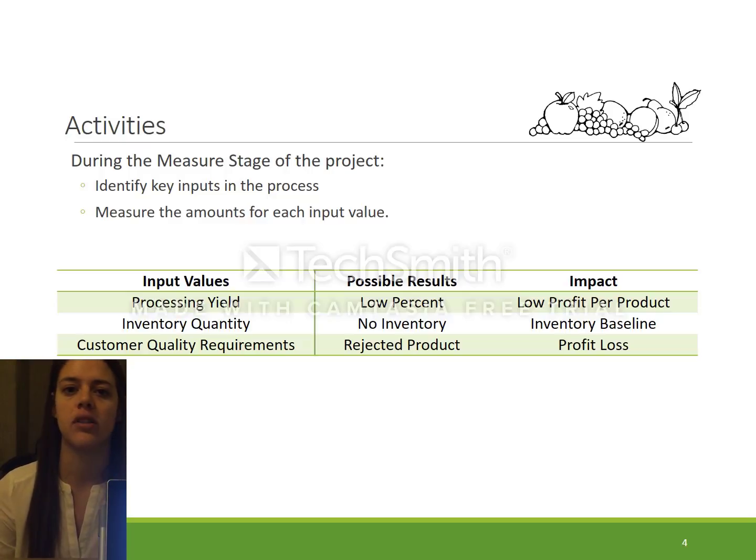How we do this in the processing plant is we receive the raw material, we process it, and then we sell a final product. The yield would be the weight of our initial raw product compared to the final product that we're selling. This will definitely have an impact on each product specifically, depending on how it's processed, and the profit that we are able to make for each one of the products.